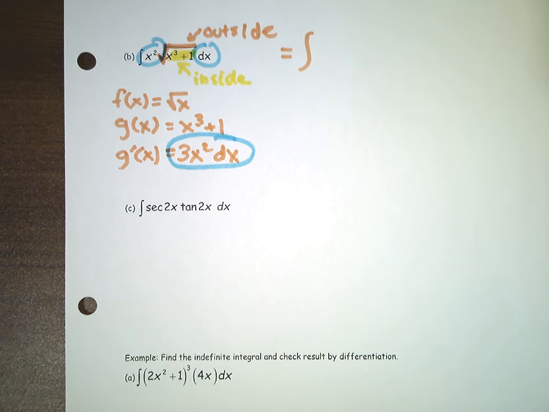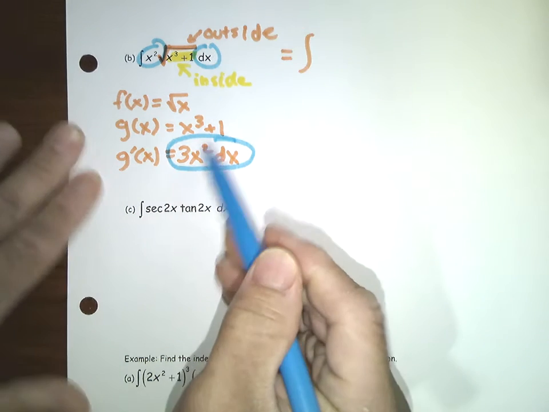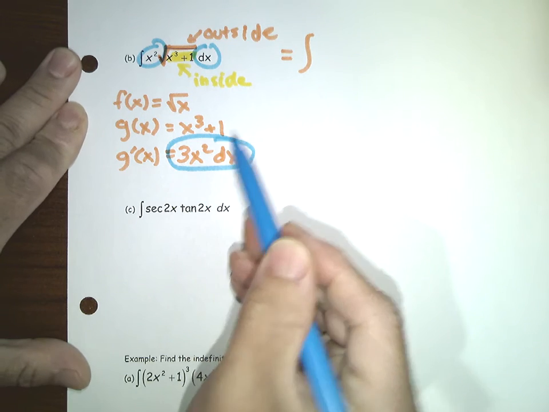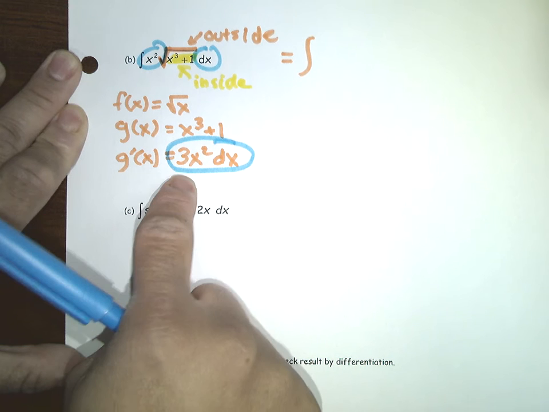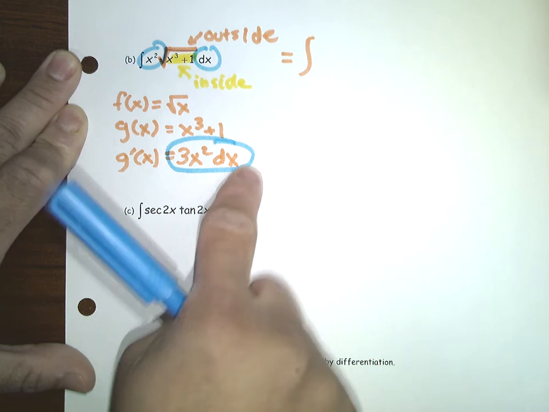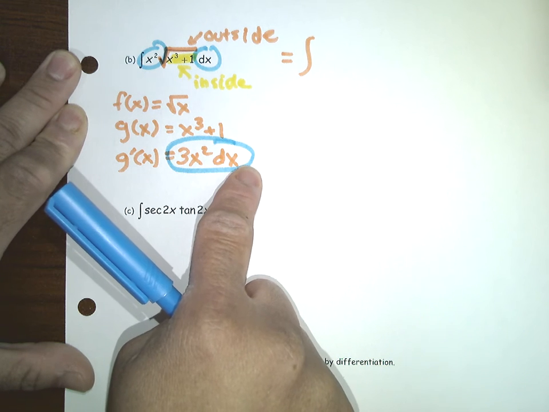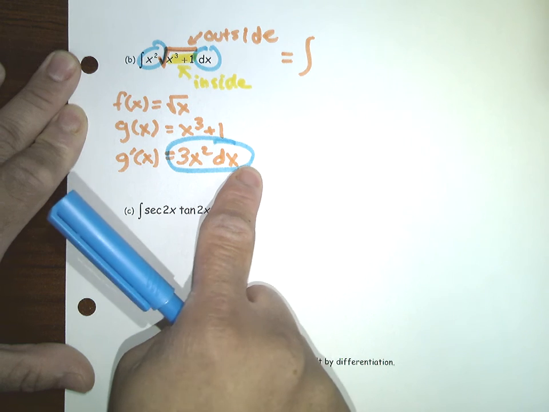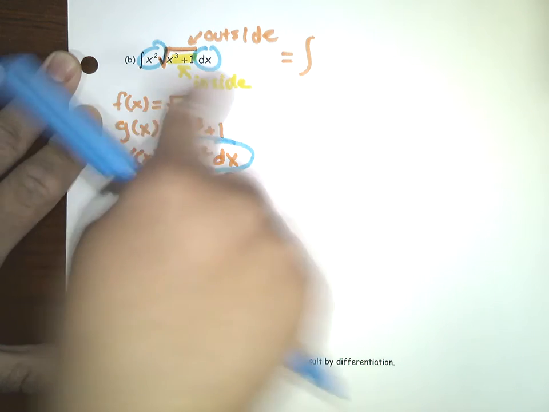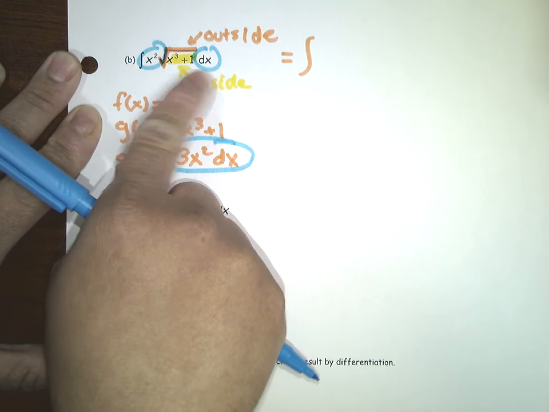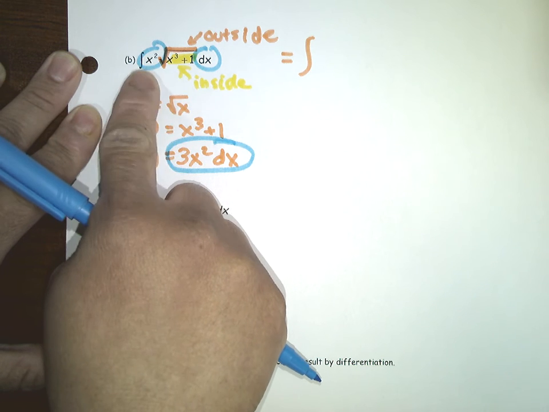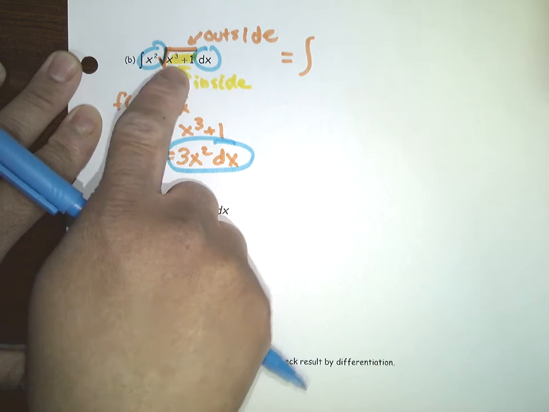I think that this one is a little bit different here, though, because if you notice, I have x squared in the dx here, but here g prime of x was 3x squared. So what I actually need to do is make sure that I account for every x in the integrand and every constant in the integrand.